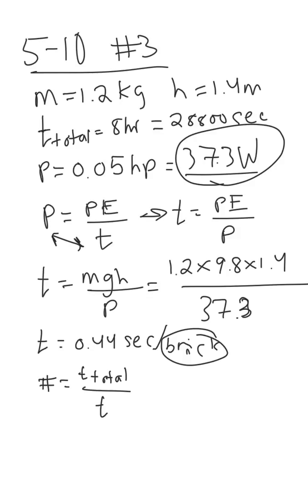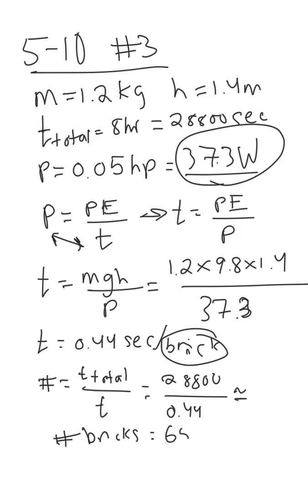So that's going to equal 28,800 divided by 0.44, and we get an approximate value. Now, it comes out to a little bit greater, but we get 65,000 bricks, which is the answer at the bottom. So the number of bricks equals 65,000.